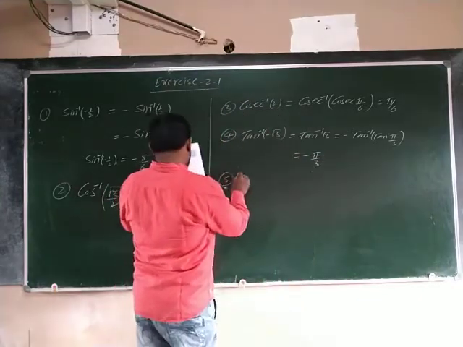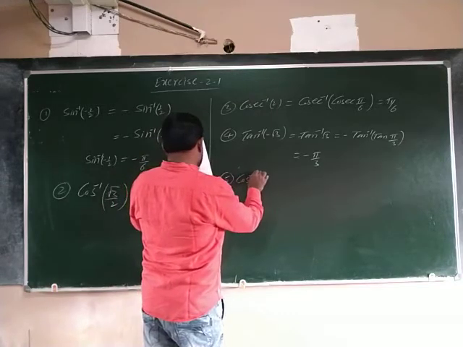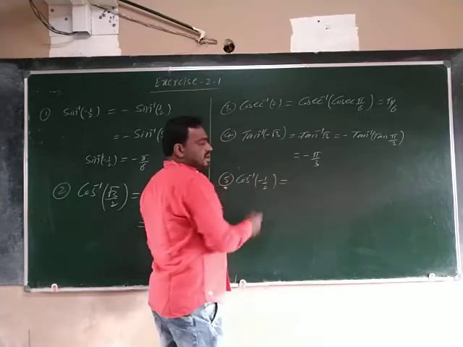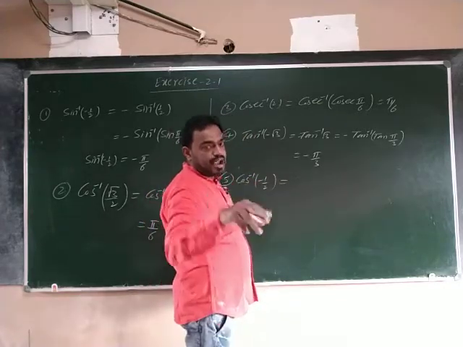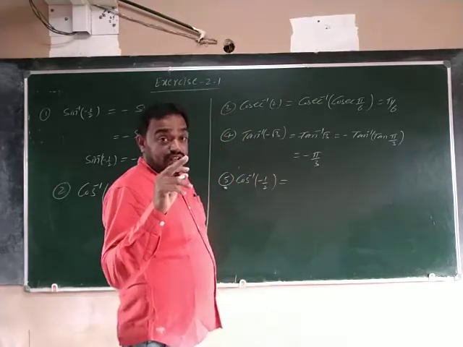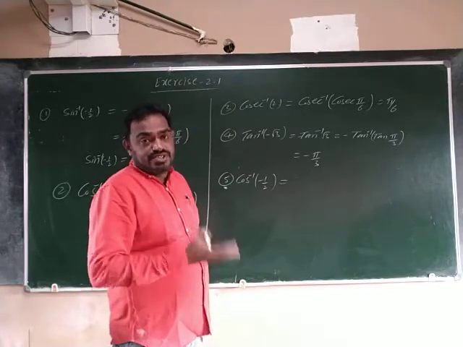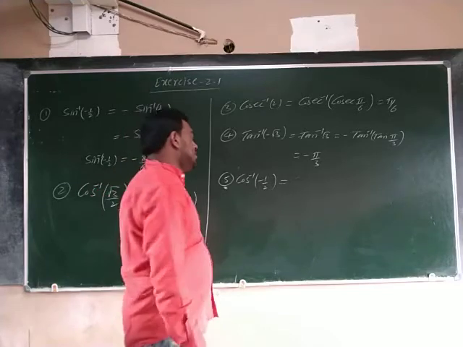Next, fifth one. Cos inverse of minus 1 by 2. Cos inverse of minus x is equal to pi minus cos inverse of x. I have given six formulas for negative values of inverse trigonometric functions; you read those.